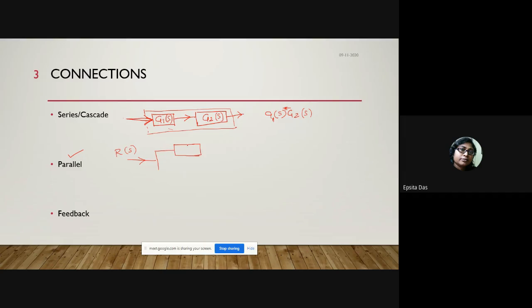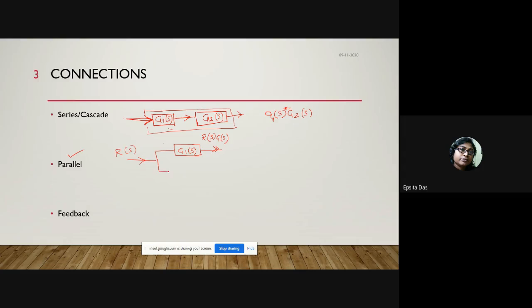Suppose in the upper part, I have G1(S). As it is in the S domain, the signal R(S) coming here is simply multiplied with G1. So the signal coming at this point is R(S) into G1(S).